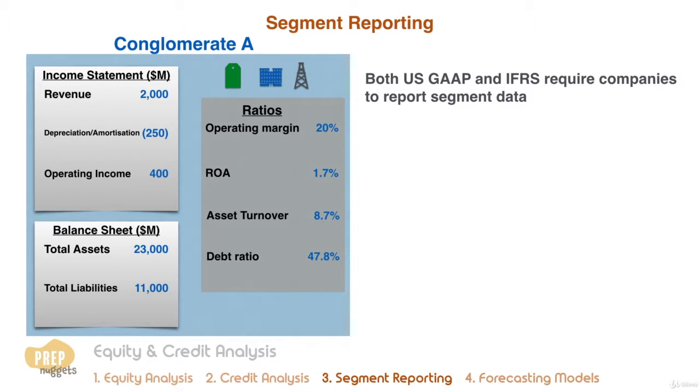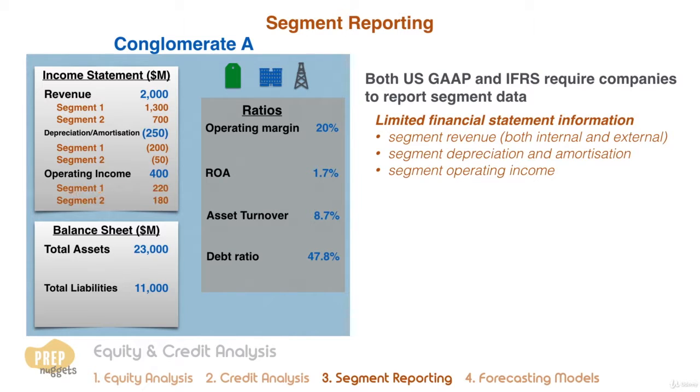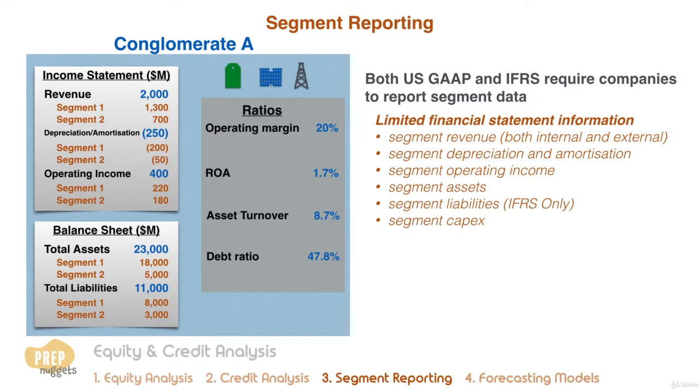For each reportable segment, the firm has to report limited financial statement information. Primary segments must report revenue, both internal and external, depreciation and amortization, operating profit, assets, liabilities, and capital expenditures.